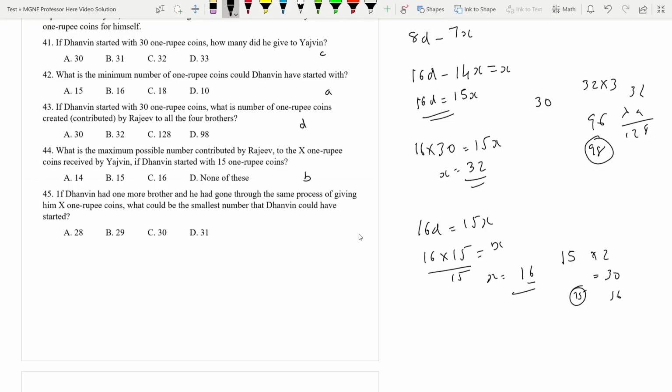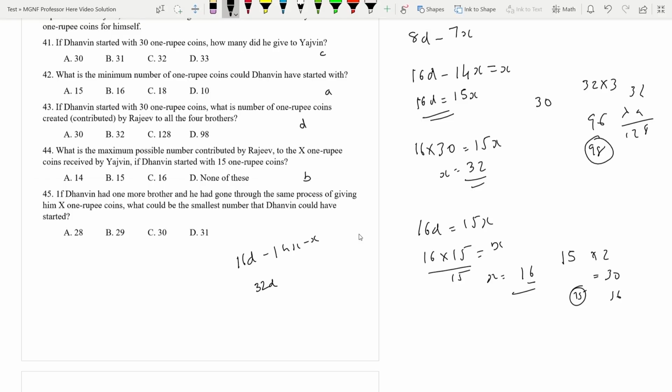Now we move on to the 45th question. If Dhanvin had one more brother and he had gone through the same process of giving him X 1 rupee coins, what would be the smallest number that Dhanvin would have started with? Alright. So there is one more brother, which means the equation here is 16D minus 14X. Then he gives X coins to the fourth brother, minus X. And again he goes to Rajiv and Rajiv doubles it.